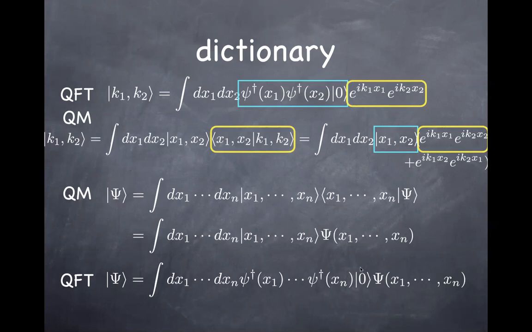That's why I'm trying to make a distinction between this capital psi, which is meant to be the wave function, which obeys the linear Schrödinger equation, while little psi is an operator which corresponds to creation and annihilation operators of particles. So this little psi and this capital psi have totally different meanings.